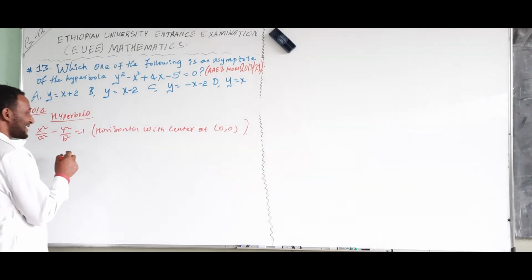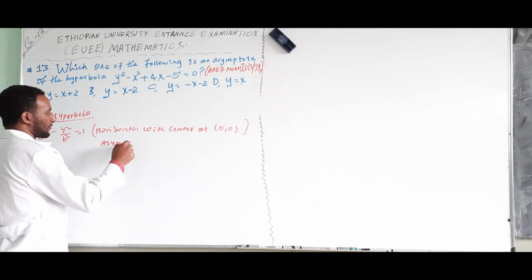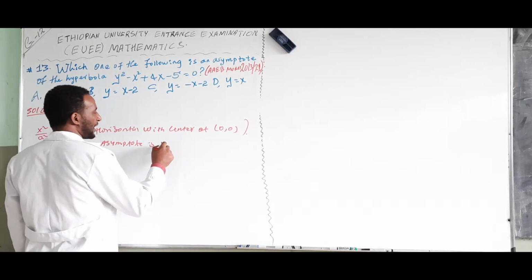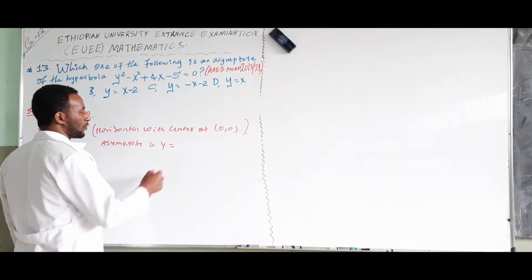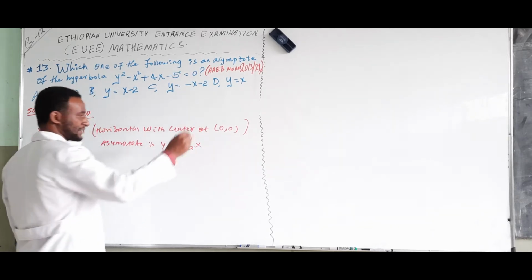And the asymptote is y is equal to plus or minus b over a x.